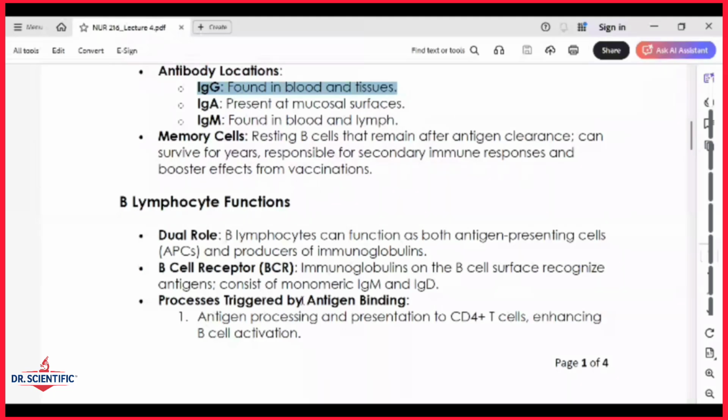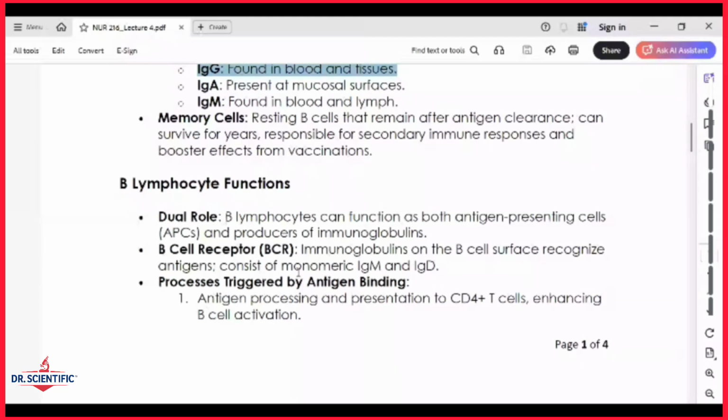Now, when you look at the B cell receptor, a B cell also has its own receptor. So immunoglobulins are on the surface of the B cell so that they're able to recognize antigens.